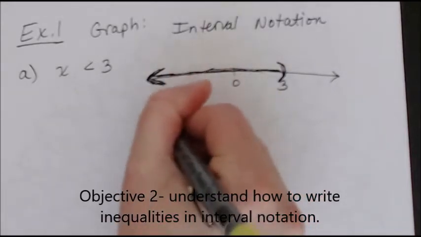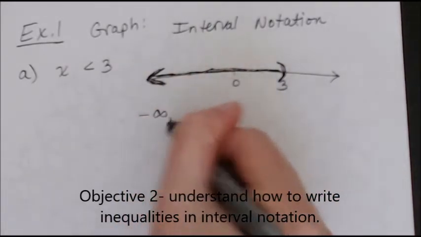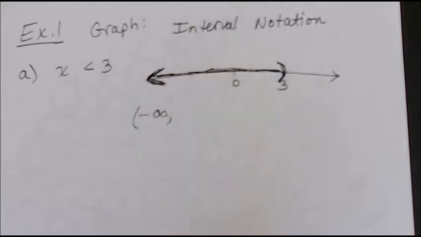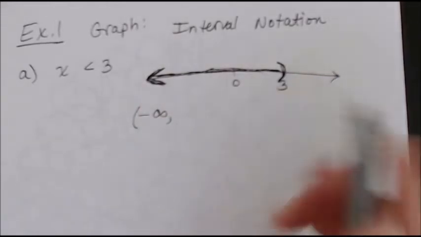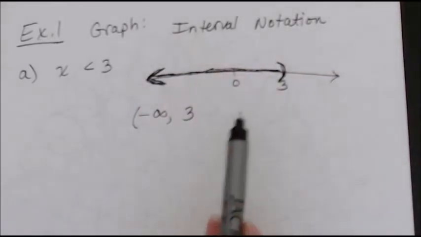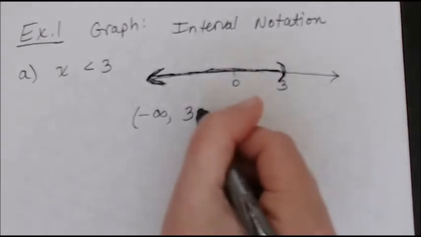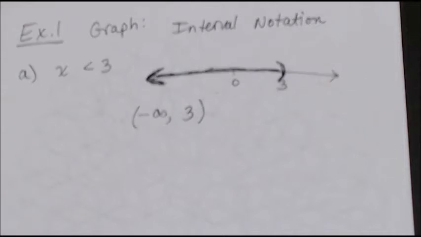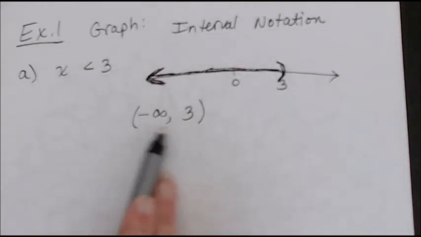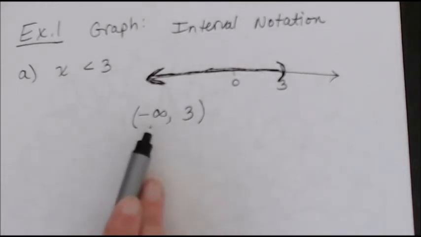So I'm going to put negative infinity, and negative infinity always has a parentheses around it, and then up to the number 3. Now, we don't want to include the 3, so the way we represent that in interval notation is we use a parentheses. If we wanted to include the 3, we would use a bracket, but since we did not, we're going to use a parentheses.